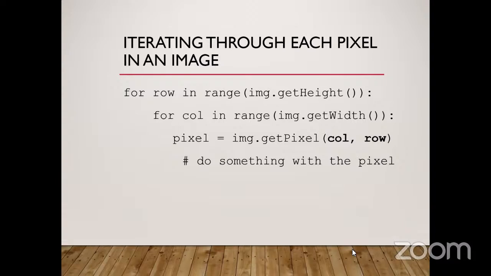Instead of i, I say for row, which I absolutely can do, which tells me that this loop's going to handle all my rows. For row in range of the height of the picture. The height of the picture will tell me how many rows I have. Right?